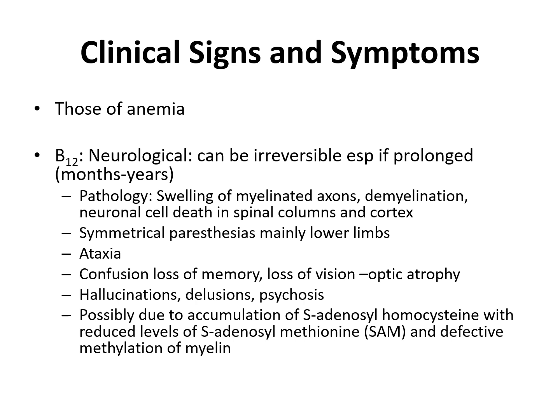What you see on pathology is swelling, demyelination, cell death in the spinal columns and the cortex. And symptoms include sensory changes, paresthesias, particularly in the lower extremities, imbalance, ataxia, confusion, and even psychotic symptoms. Optic atrophy can happen.